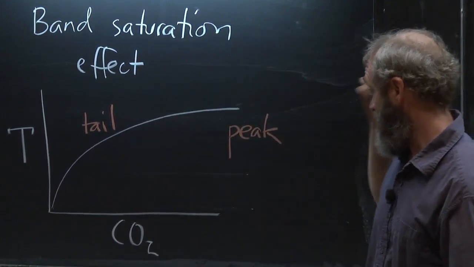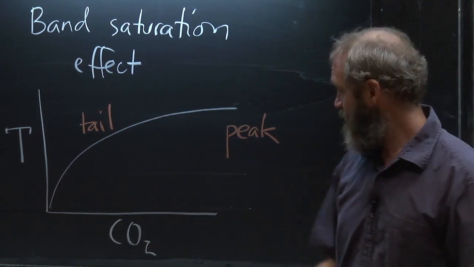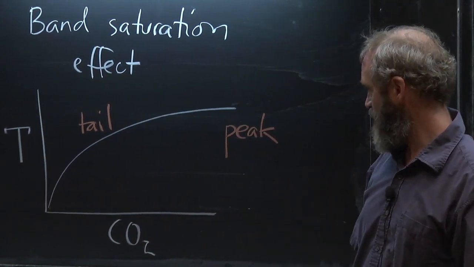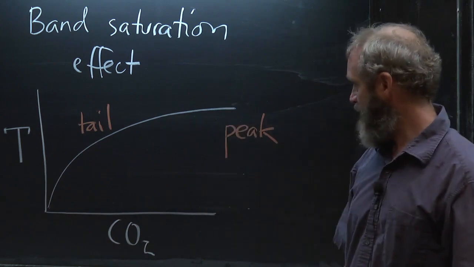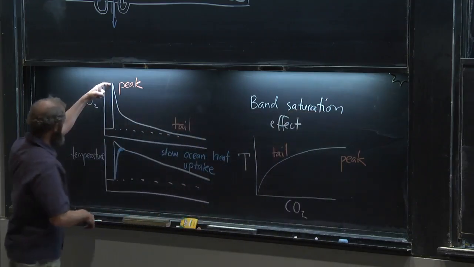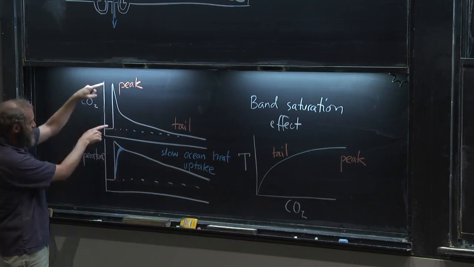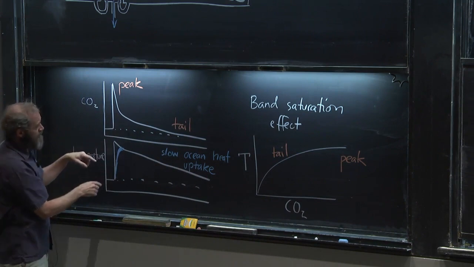It actually, the temperature goes up as the logarithm of the CO2 rather than a direct multiplier times the CO2, which is what this shape looks like. So that means that the really high CO2 of the peak doesn't translate into as really high a temperature as you would think if it was just proportional.